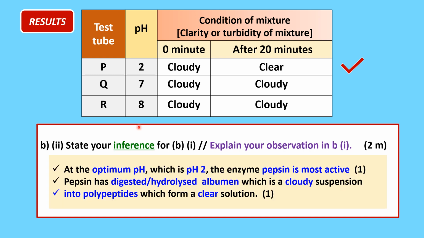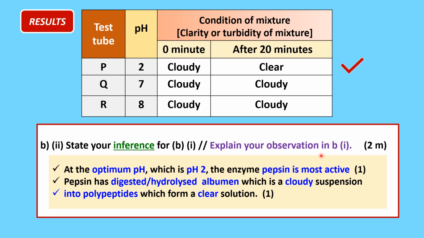Referring back to our observation in B1, at the optimum pH, which is pH 2, we said that the condition of the mixture changed from cloudy to clear. So what's the reason for that? It's because the enzyme pepsin is most active. No need to mention again that the condition of the mixture changed from cloudy to clear. Just straight away explain why. At pH 2, which is the optimum pH, the enzyme pepsin is most active, because this is a suitable pH for it to react.